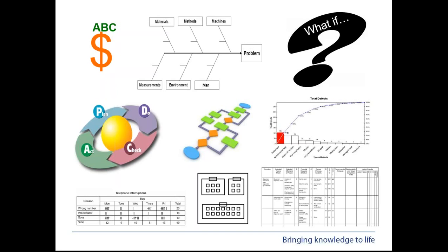Managing a process by priority is a very important element, and that is where we resort to the 80-20 rule, the Pareto Analysis tool, also called vital few and trivial many analysis, where we focus on what matters most.